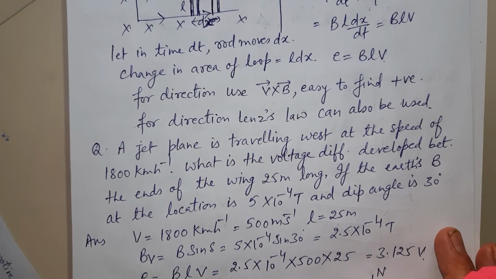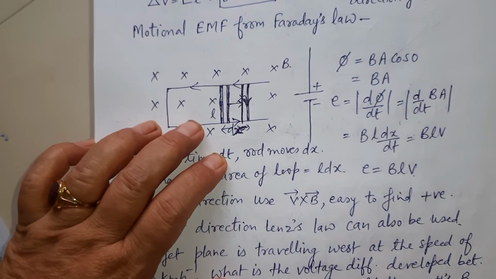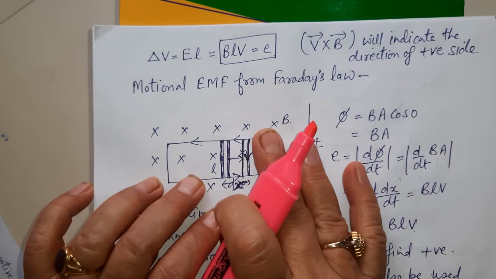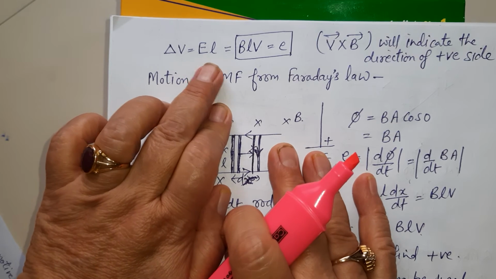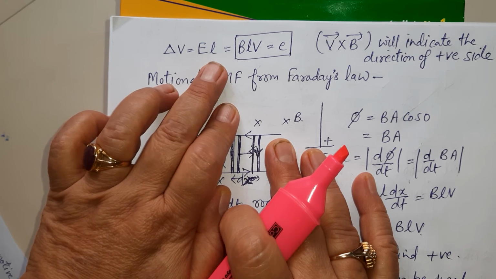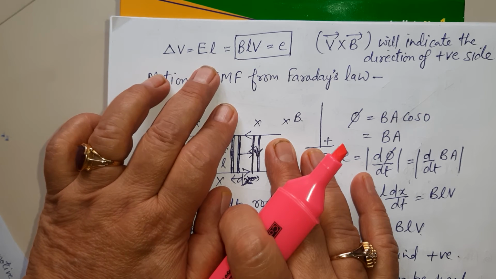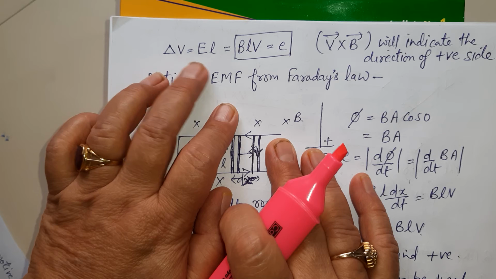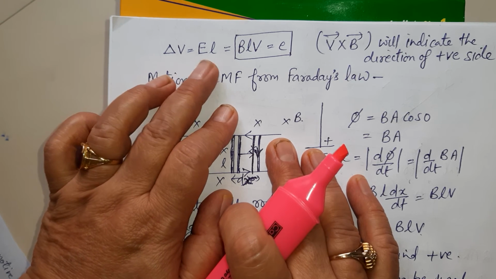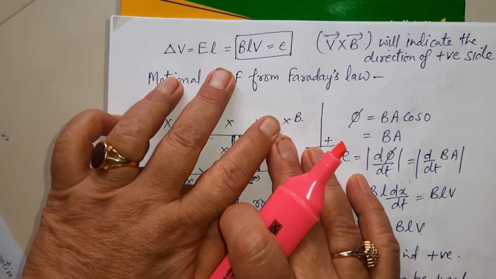So delta V is equal to EL, electric field into length, because we remember from the derivation that delta V upon delta r is equal to minus E. Here we are taking just the magnitude. So EMF is equal to BLV.